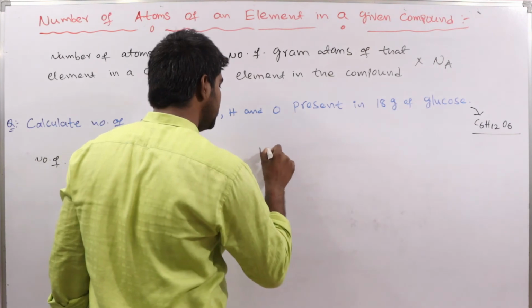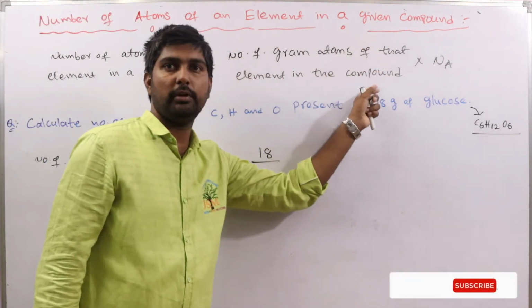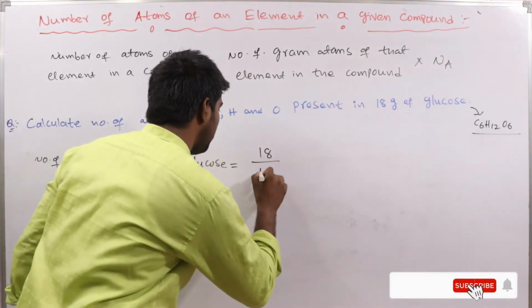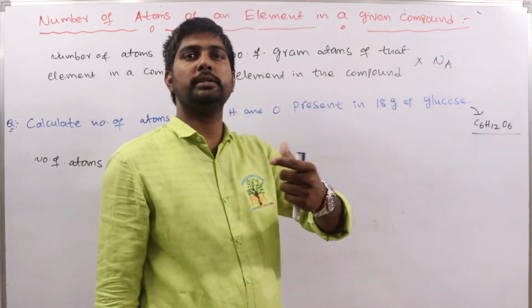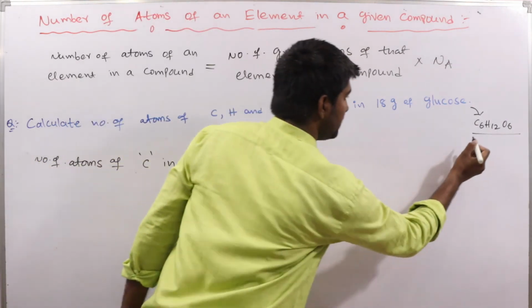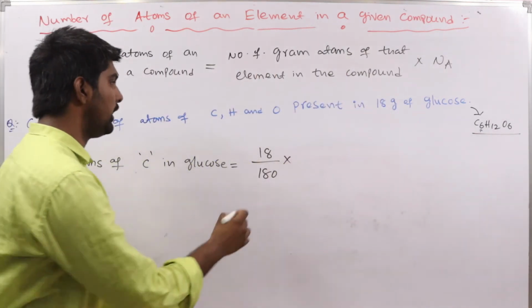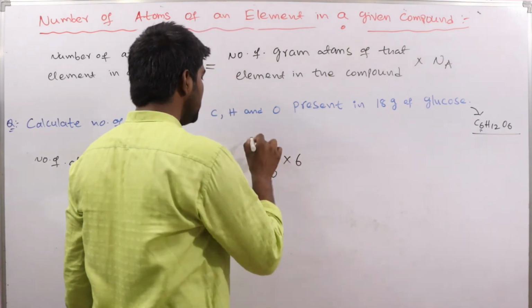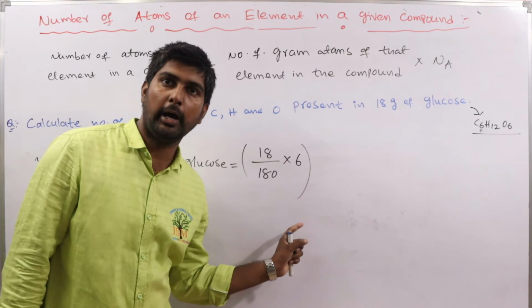Weight of the substance, 18, by gram molecular weight, that is 180. Glucose molecular weight is 180. Into atomicity of carbon. See here, 6 carbon atoms are there, so the atomicity of carbon is 6. Up to here, this is the number of gram atoms of carbon.